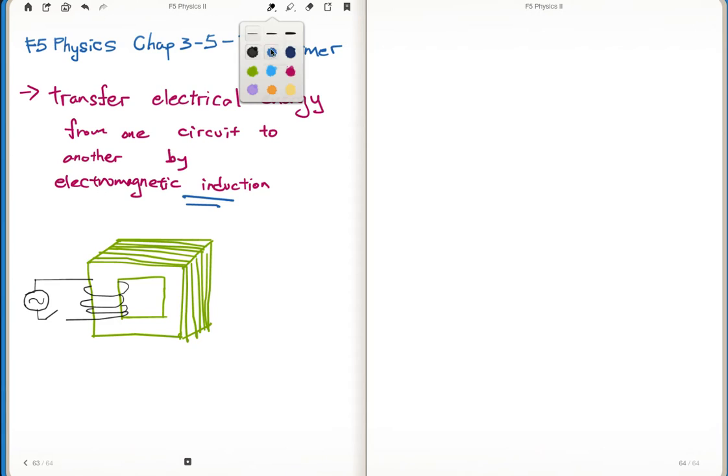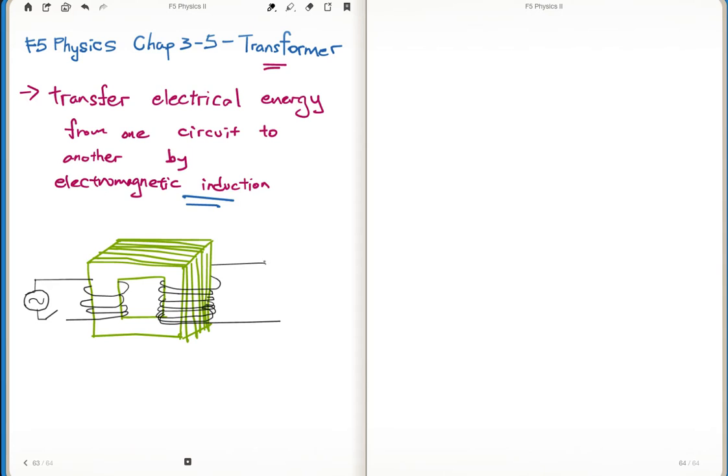Then the output would have more turns. I wind around 1, 2, 3, 4, 5, 6, 7, 8, perhaps 8 windings. So 4 to 8 is actually double.